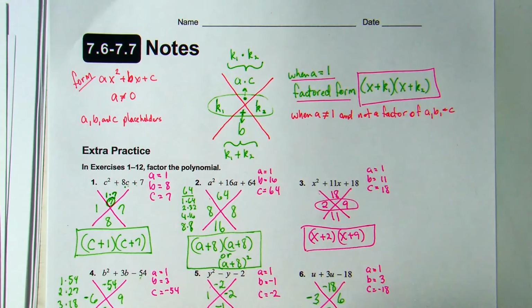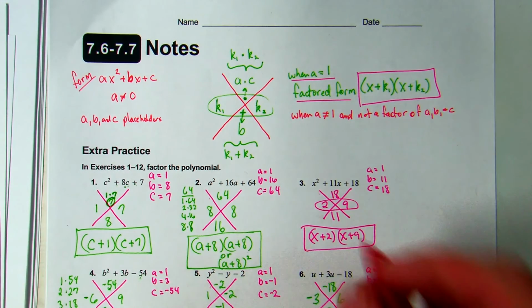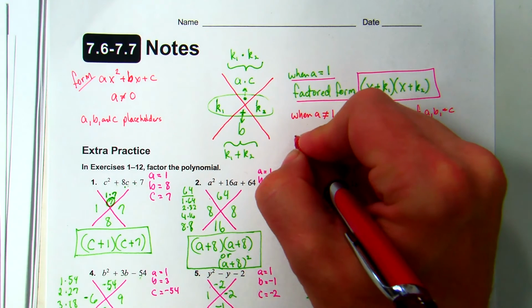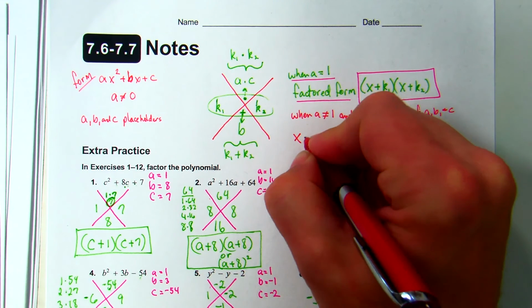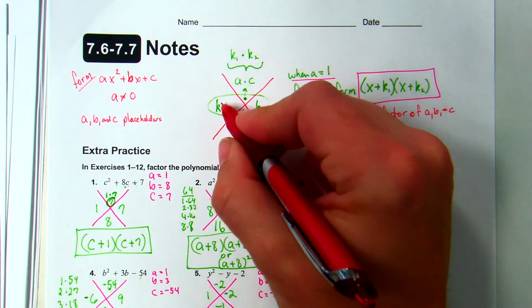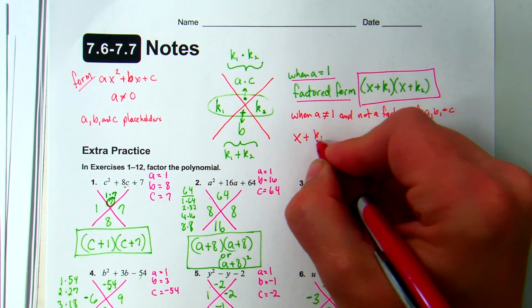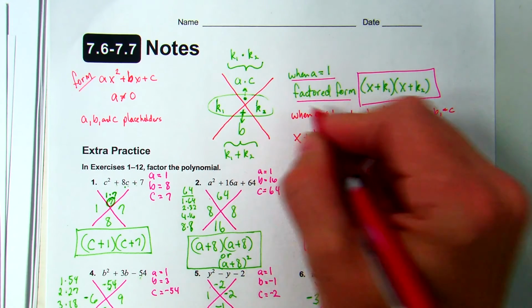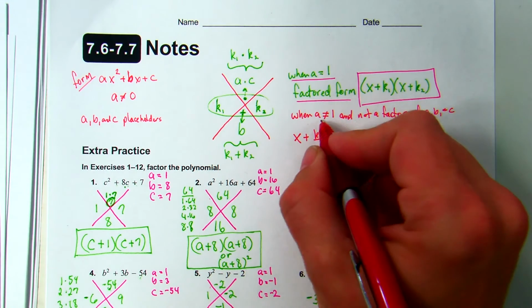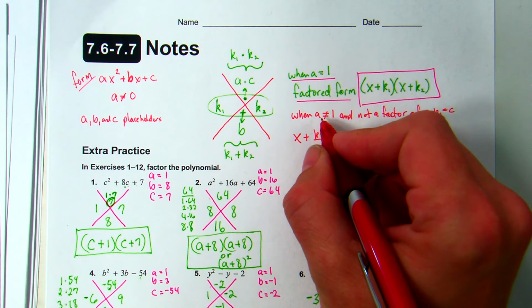But when we write out the factored form, you're going to have to write it like this. It's going to be x plus whatever you found here, which will be the K1, and you have to put it over A. Whatever A is, you're going to have to put it over A.